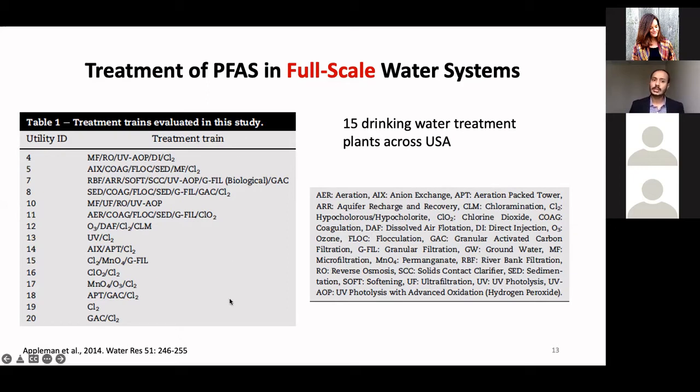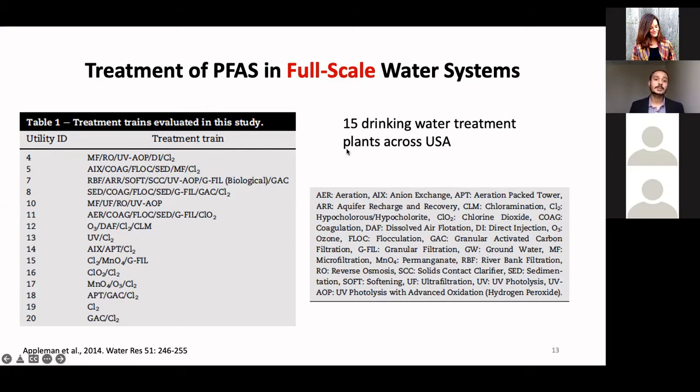I'm not going to go through each one of them, but these technologies include traditional treatment approaches like coagulation and flocculation systems. It includes even advanced oxidation processes. And of course, it includes granular activated carbon, ion exchange, and reverse osmosis, to see which one performed ideally for removal of PFAS.